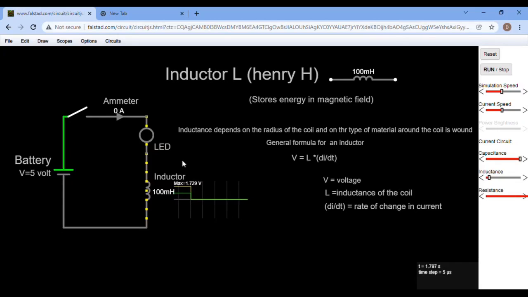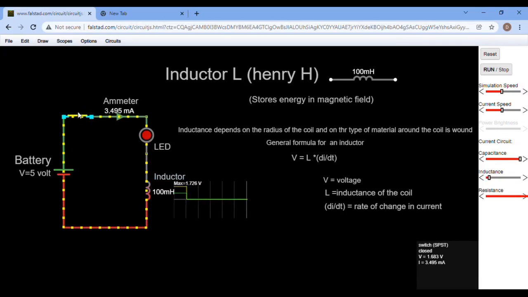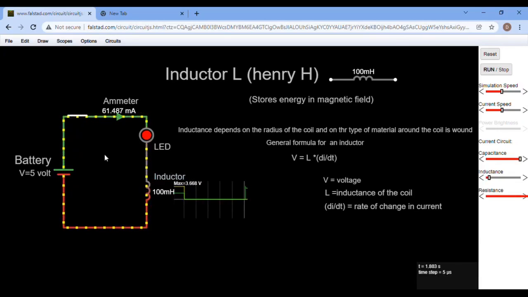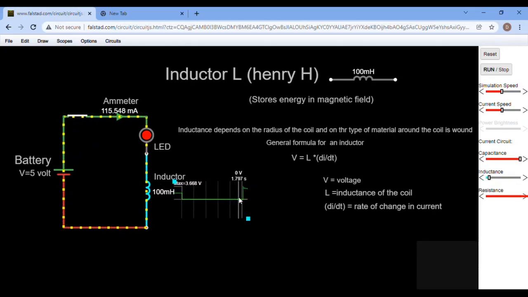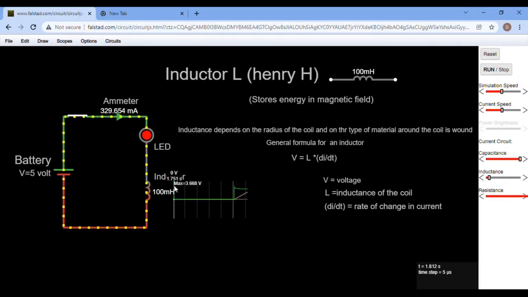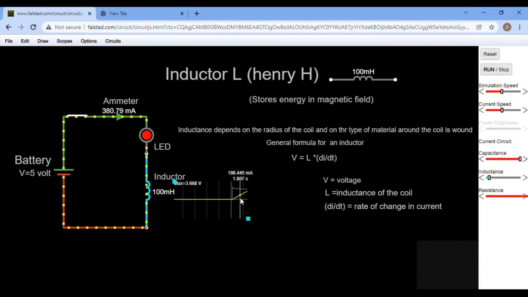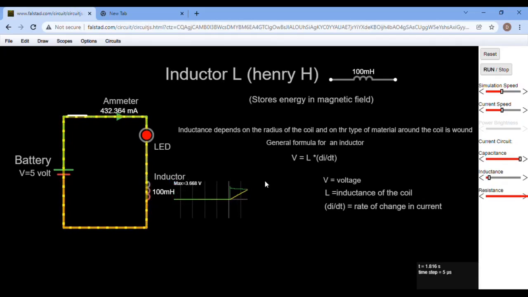Now we'll study self-inductance. Here what happens is, whenever you switch on the circuit, the current slowly keeps increasing continuously. This is what happens when you connect an inductor. Let's see what happens. The general formula to find the voltage is V equals L into di by dt.